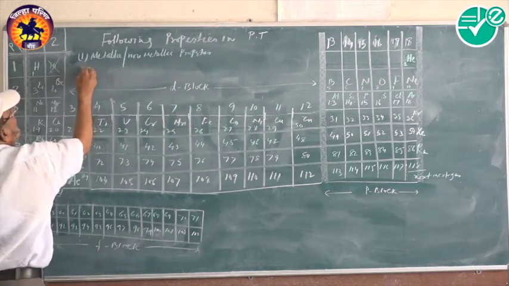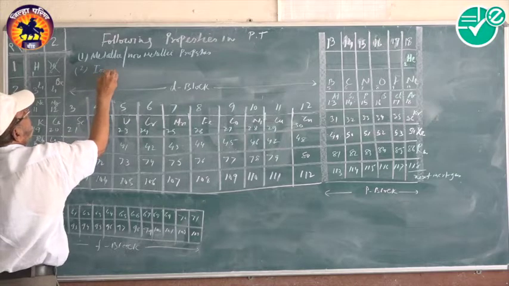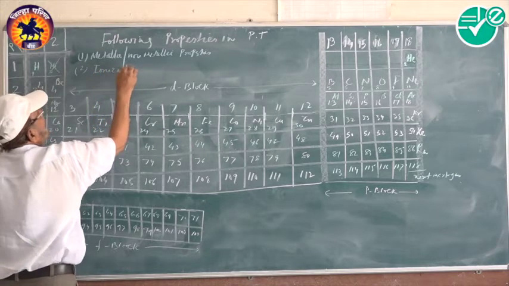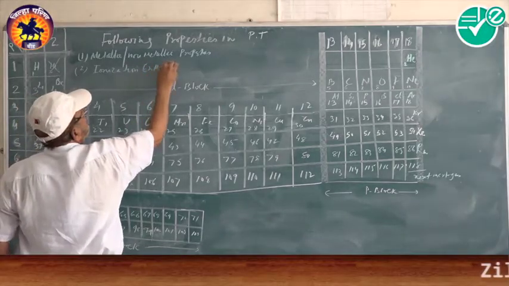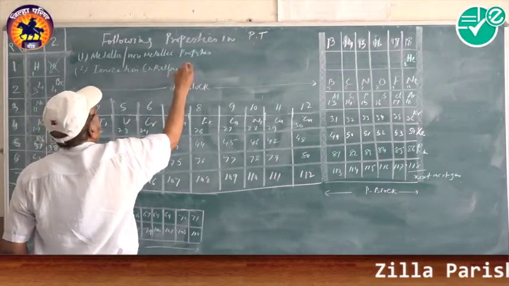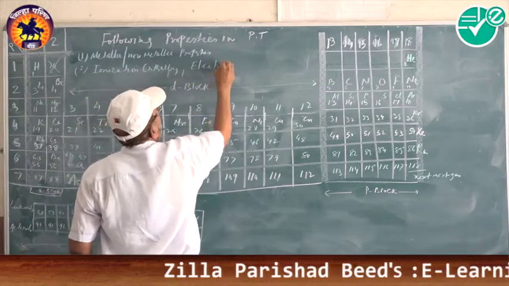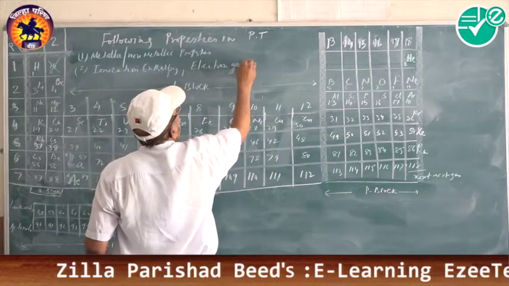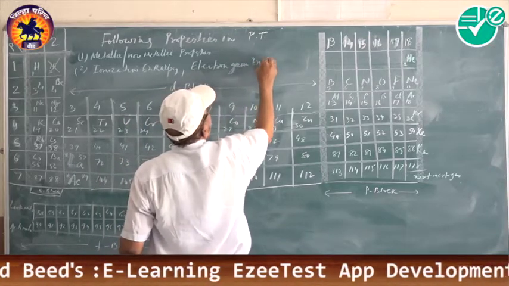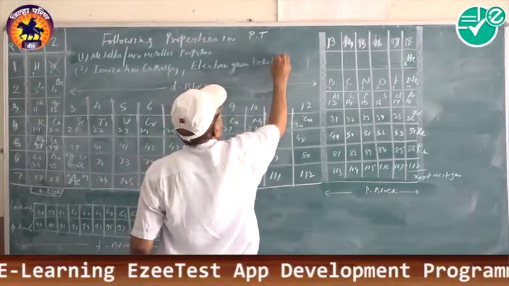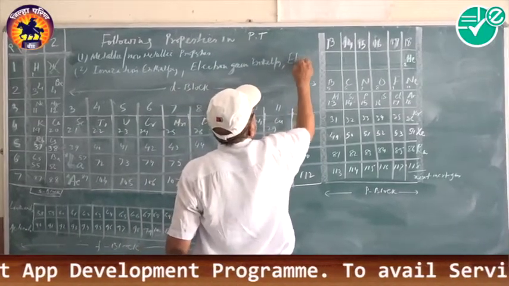Number 2, ionization enthalpy, electron gain enthalpy. Number 3, electronegativity.